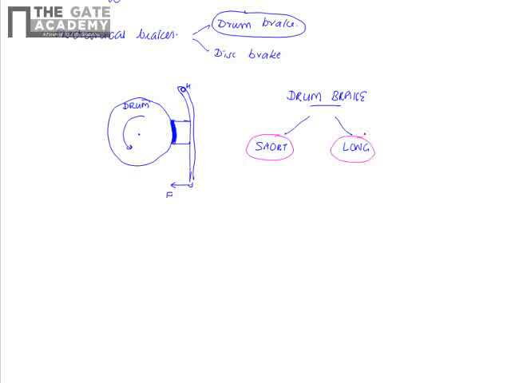Short shoe, as the name indicates, is a short shoe. That is, the length of the shoe is less, and the area of contact becomes less. This area of contact is less, hence the contact pressure is uniform.